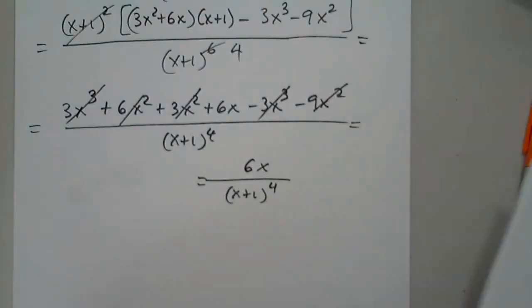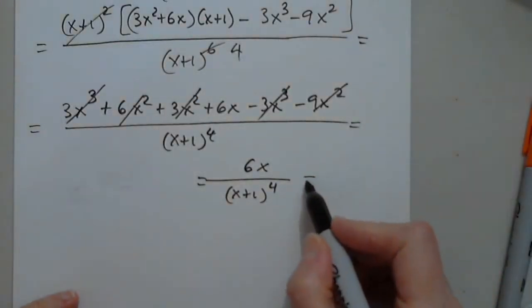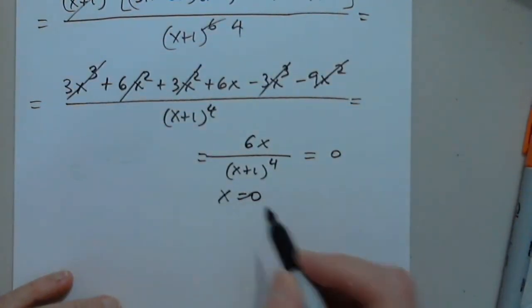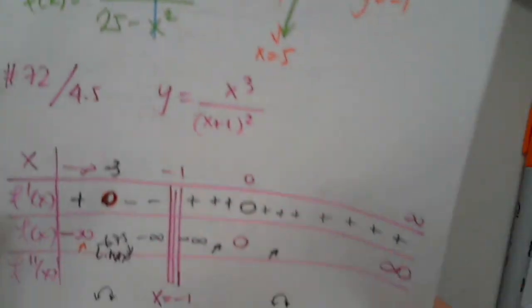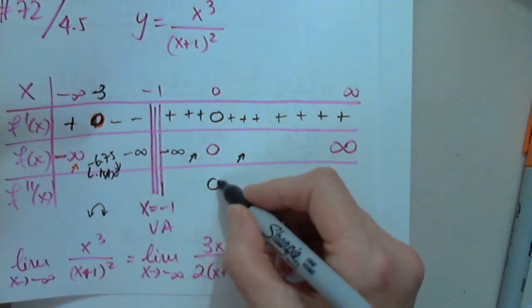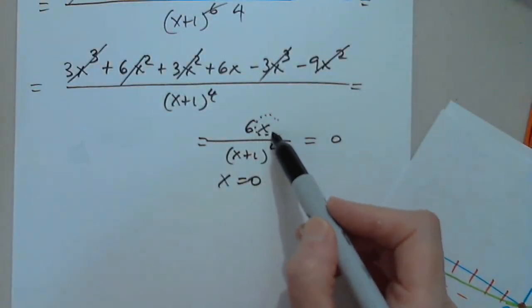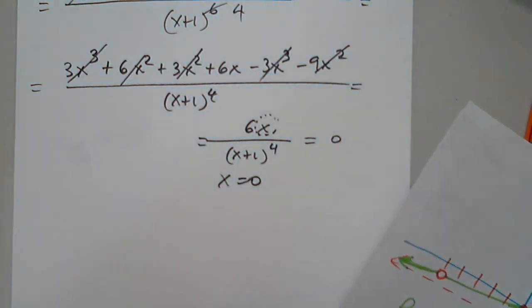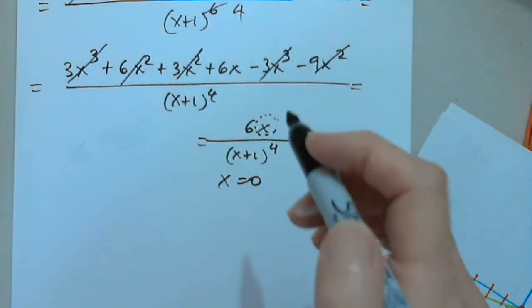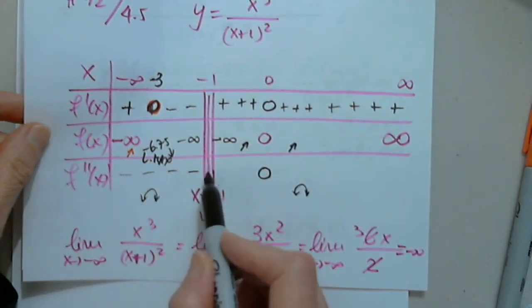Okay, so apparently it has an inflection point. I did not expect that, but that's fine. So x equals 0. Perfect. No problem. So at 0 is here, and the sign is only given by this piece. Everything else doesn't matter. To the left of 0 is negative. It has an inflection point, fine.